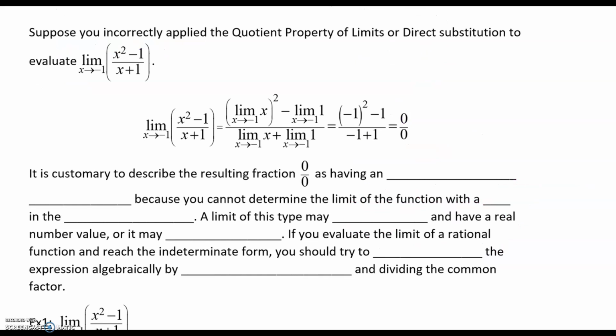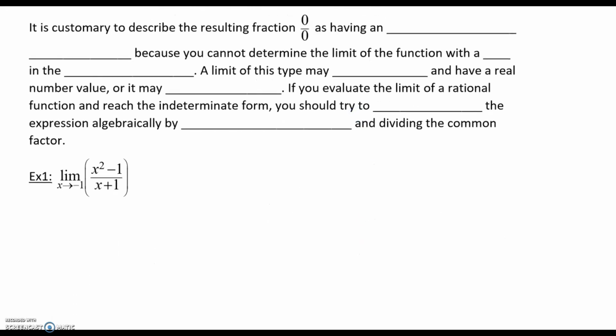So suppose you incorrectly applied the quotient property of limits or direct substitution. So we just did direct substitution. Here's applying the quotient property, right? You get 0 over 0. It's customary to describe the resulting fraction 0 over 0 as having an indeterminate form, because you cannot determine the limit of the function with a 0 in the denominator.